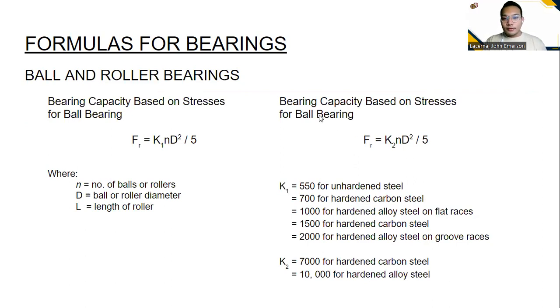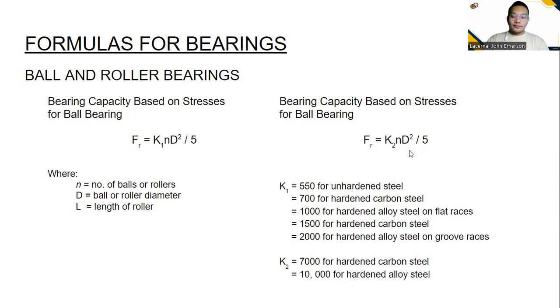And yung ating bearing capacity based on stress for ball bearings naman, wait lang, parang parehas lang. Okay. So F sub R is equals to K sub 2 multiplied by number of balls or rollers natin multiplied by the diameter squared over 5 then.